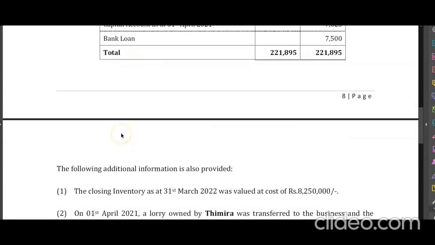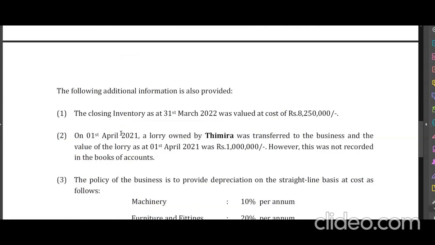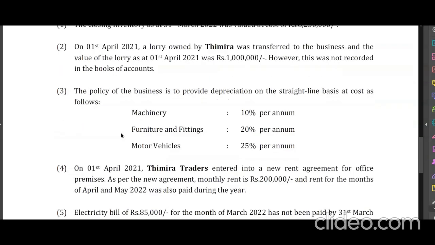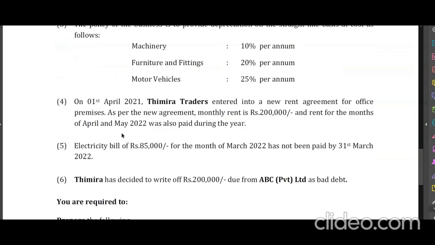both sides, and there will be some additional information from which you have to take some information for your answer, and you also have to do some adjustments, additions and revisions.